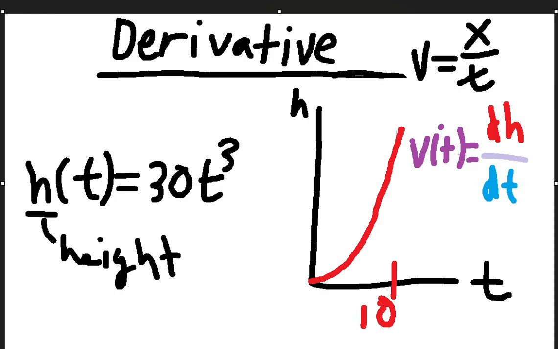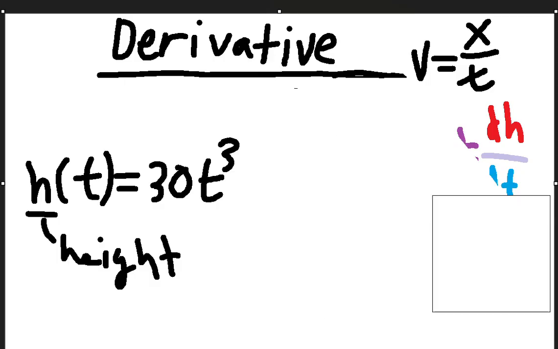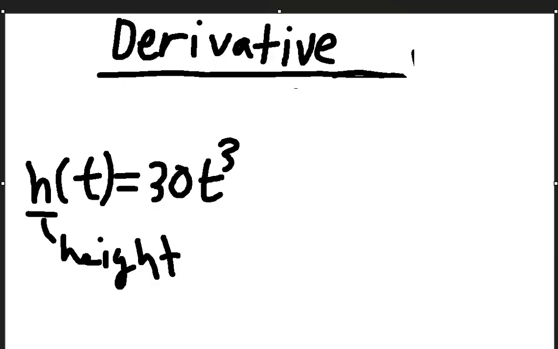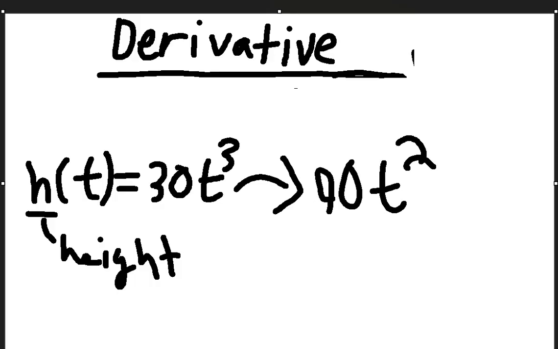And I'm not going to do the operation this time either, but essentially, if we take the derivative of this equation, it will give us 90t squared.